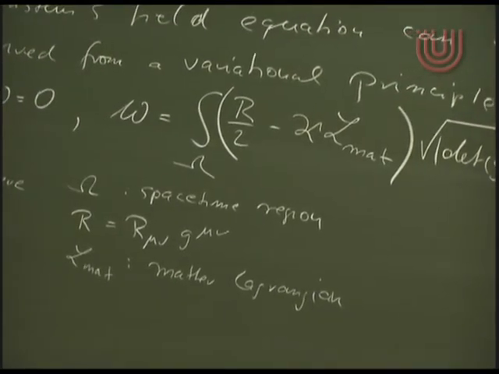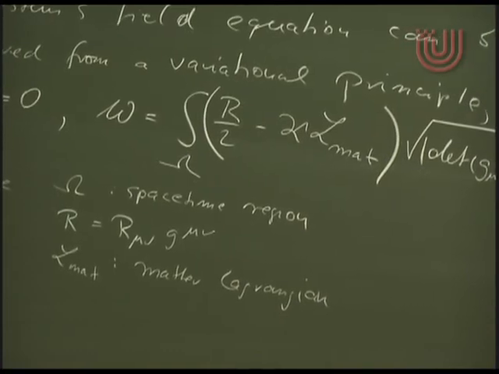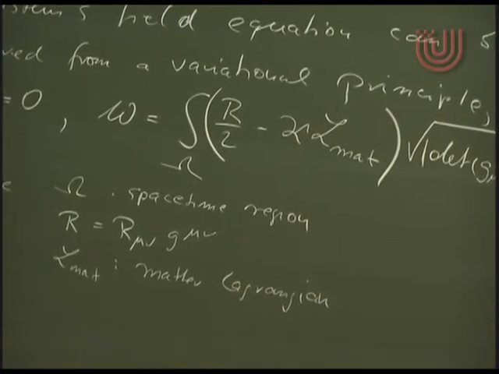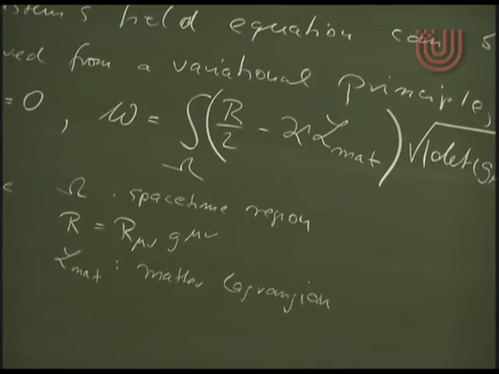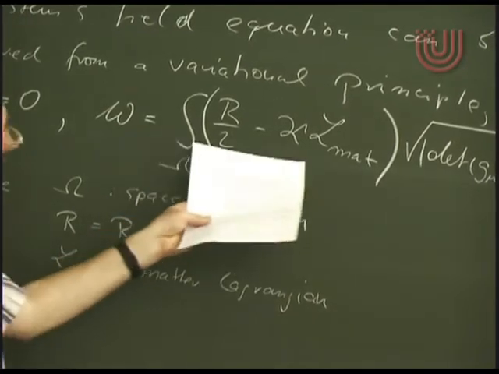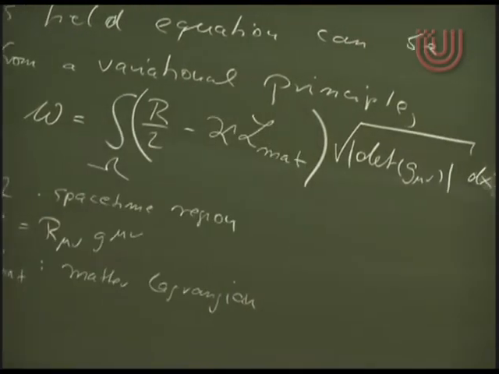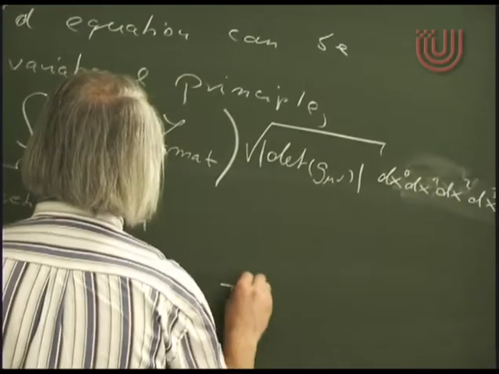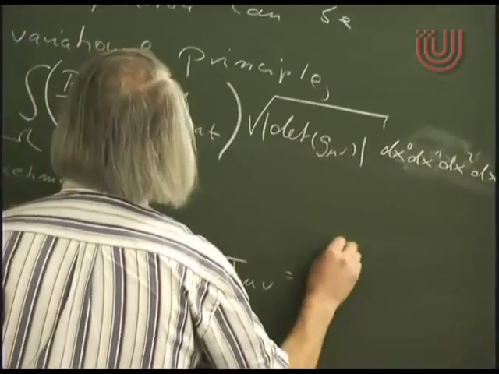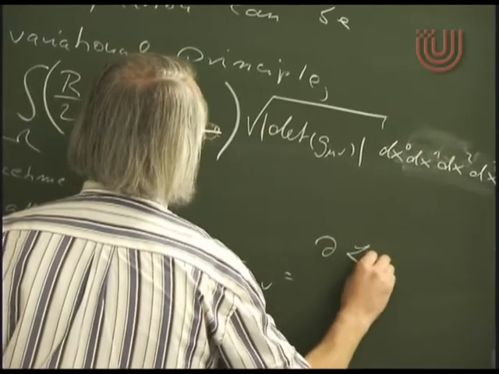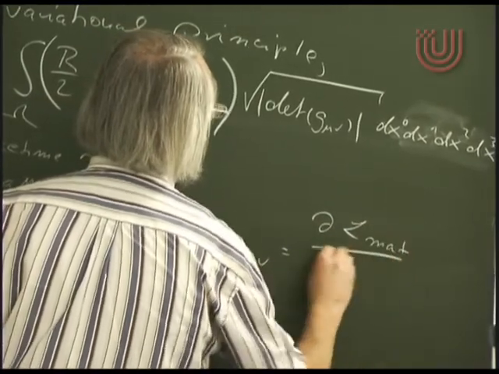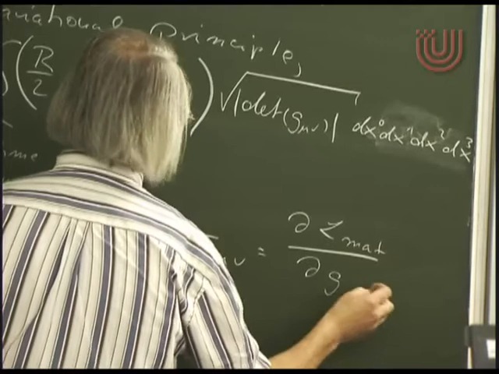Well, what has this to do with the energy momentum tensor? In the field equation, in the differential equation version, we have the energy momentum tensor, so obviously this must have something to do with it. The relation is that I get it if I differentiate this with respect to the metric.